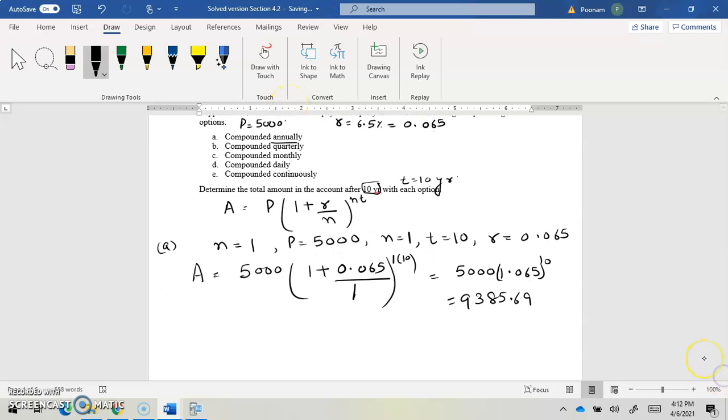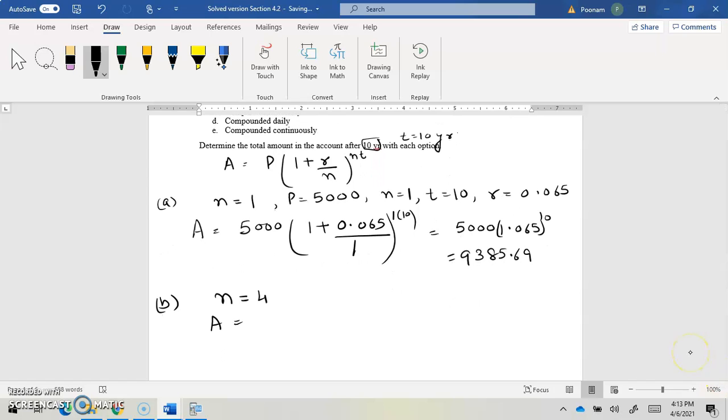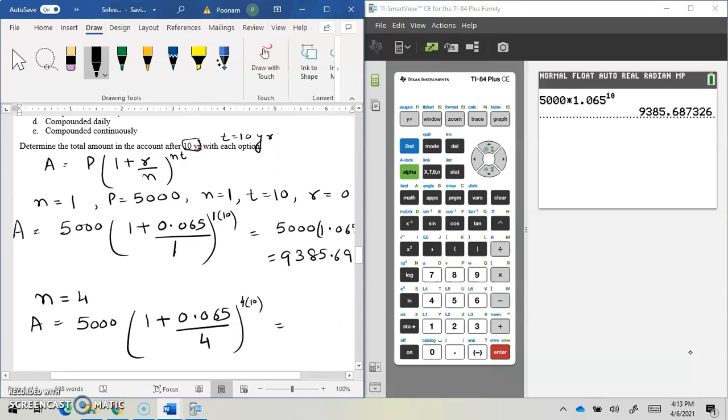What happens if we are compounding quarterly? In part B, compounding quarterly means N is 4. So the formula is same, principal is same, interest rate is same. So 5,000 times 1 plus 0.065 divided by 4, raised to power 4 times 10, because 4 is the number of compounding periods.